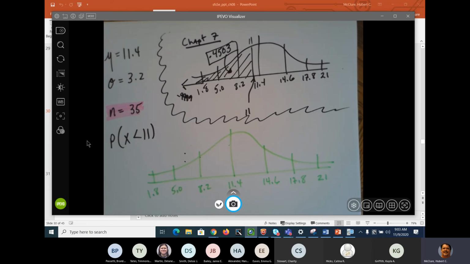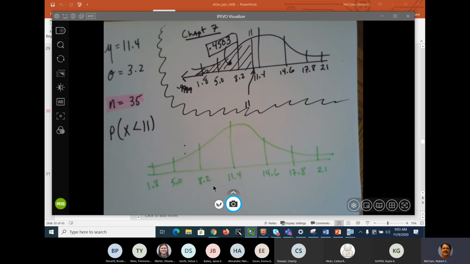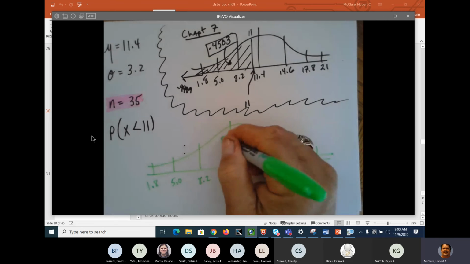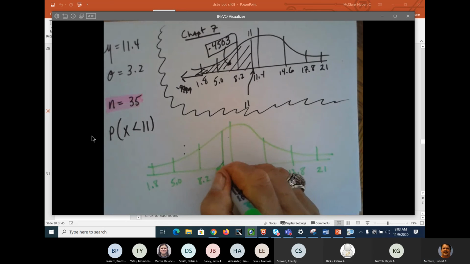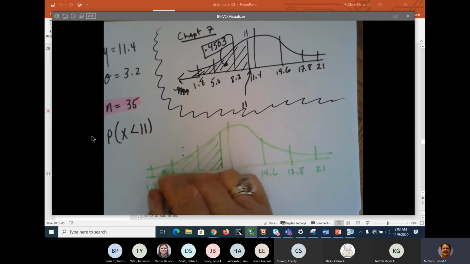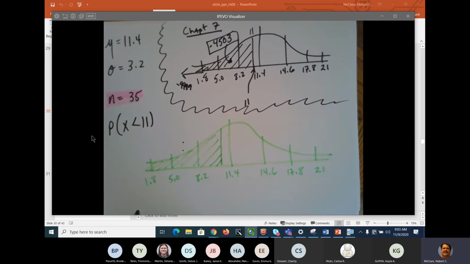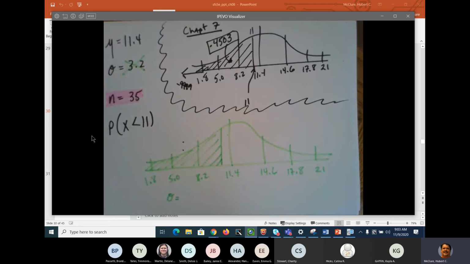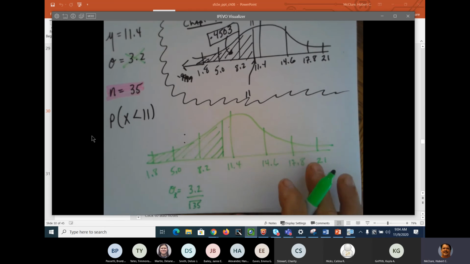Now, you don't have to do the z-score if you've got a new calculator. You just have to put 11 right about here and type that in, but you can't use the standard deviation. It's not going to be 3.2. The green standard deviation is called X bar. It's going to be 3.2 divided by the square root of 35. And that's the catch if you're using a newer calculator.